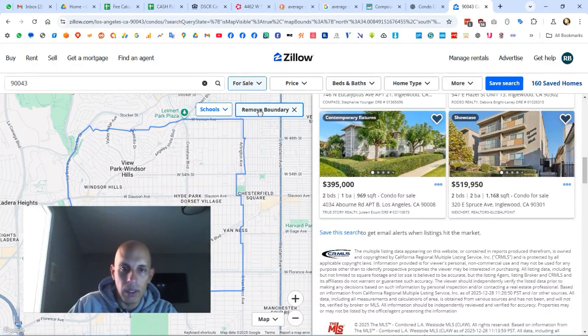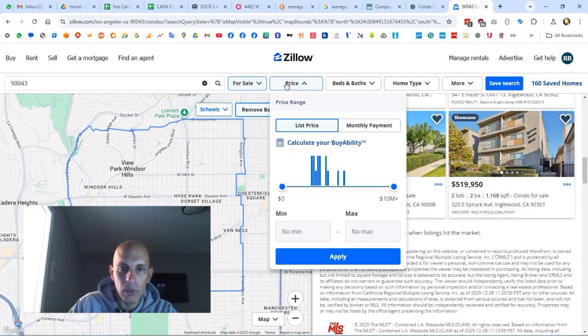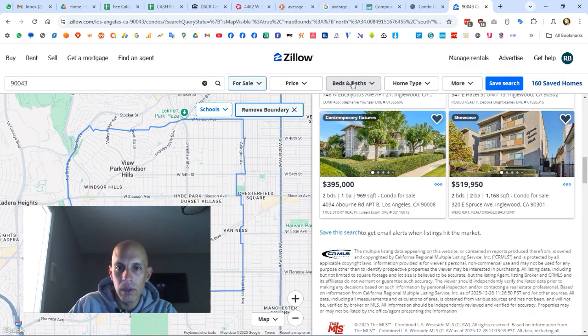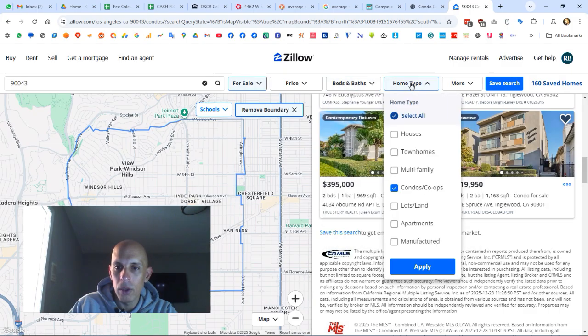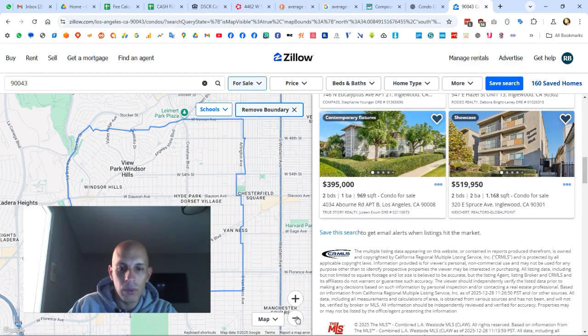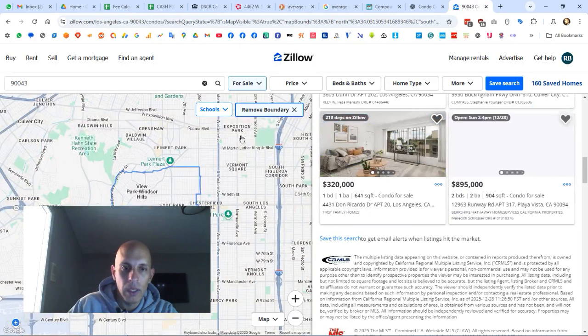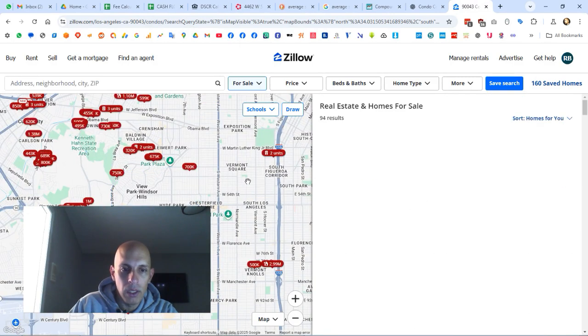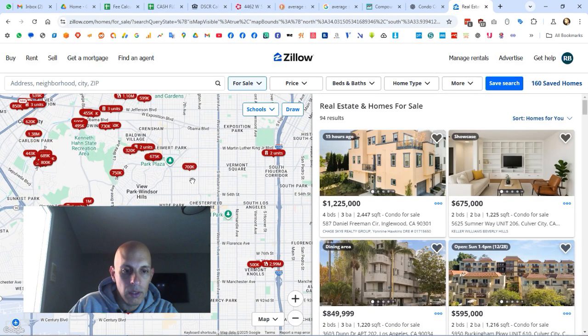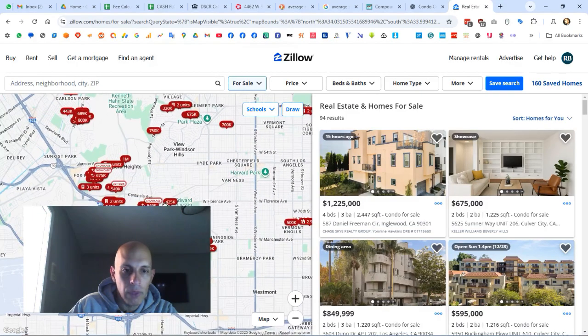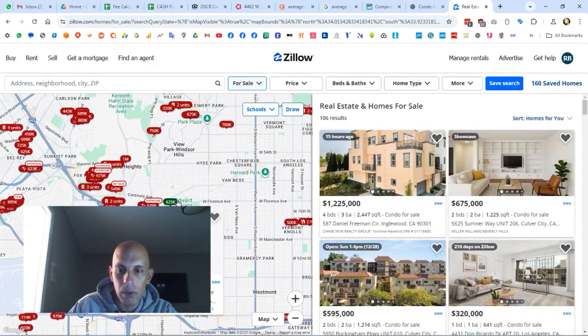So let's see here, we go for sale, beds and baths any, home type condos. So we go out a little bit and we say remove boundary. So we can see here 700, 675, 750, 425 right by the park right here.